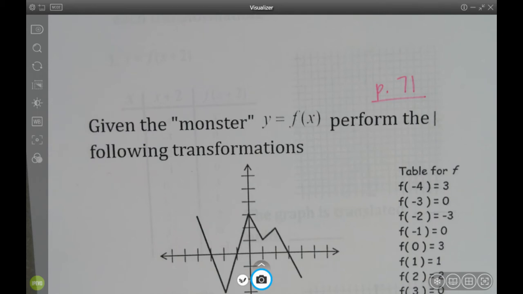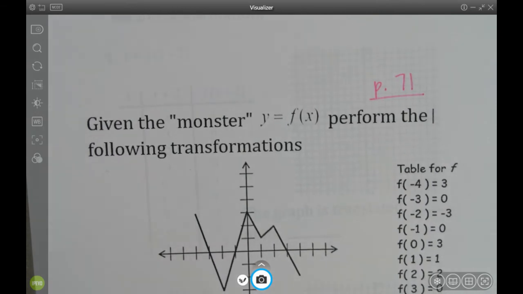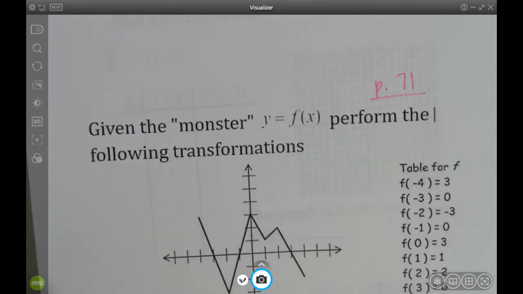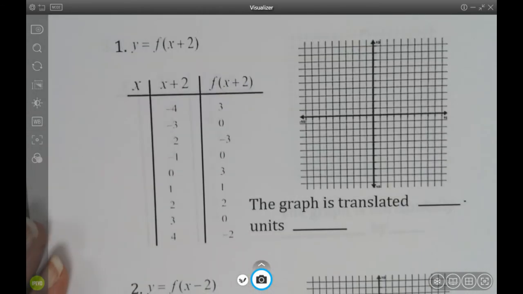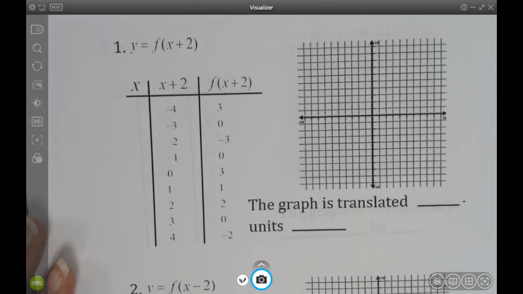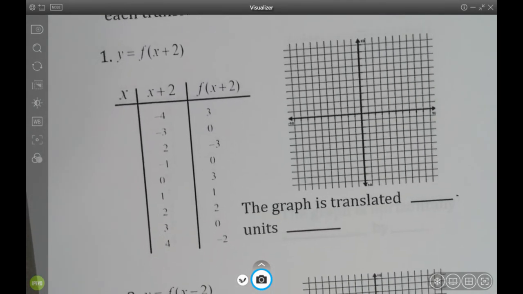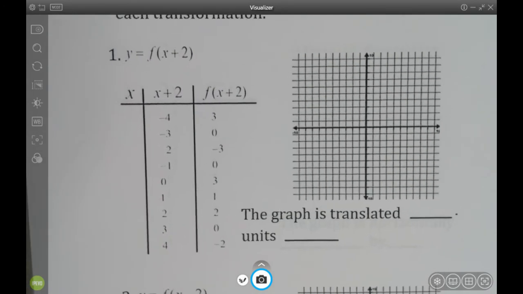Tape. Okay, so we're going to take our same monster, and we're going to do some other things to it.